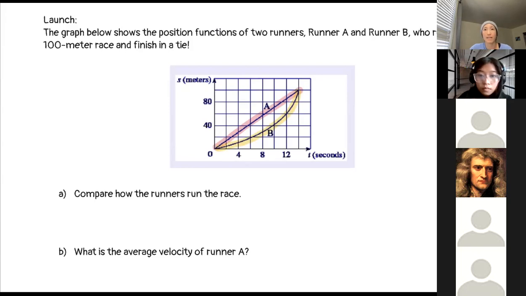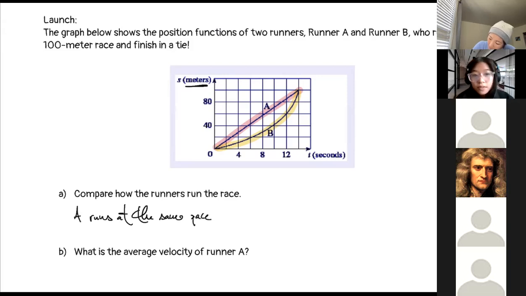So Isaac says A runs at the same pace the whole way, unlike runner B. Now, Isaac, I'm wondering if you can share, or if someone else can share, how you know that A runs at the same pace. So we're dealing with meters and seconds, and we can think of this as velocity, which is meters over seconds.